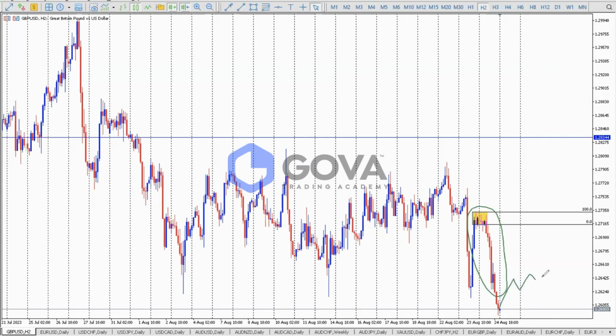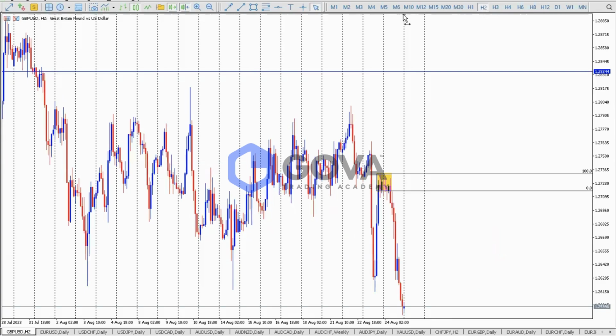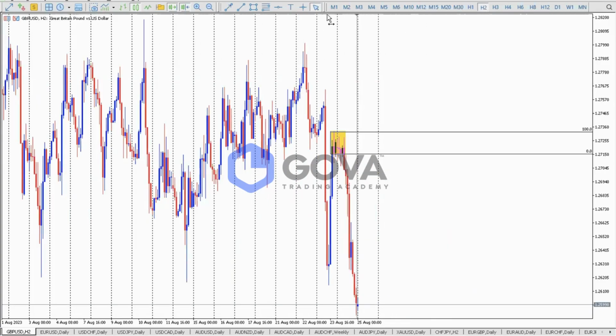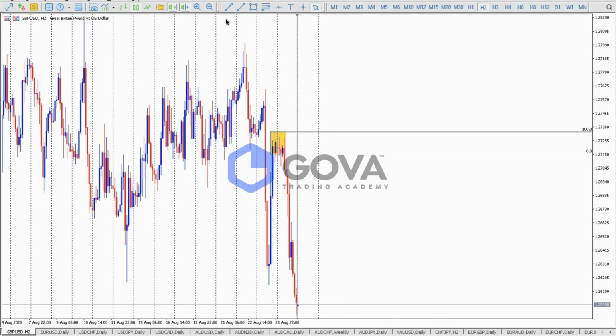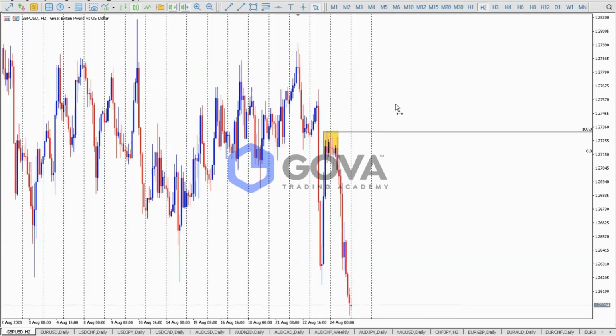Because if market is moving, this zone is no longer going to be stagnant in this area. It is also going to be moving gradually. Look at this, guys. If you happen to mark it on a smaller time frame, when the after happens, you might not be able to see the after properly. So I like marking out depending on the situation.